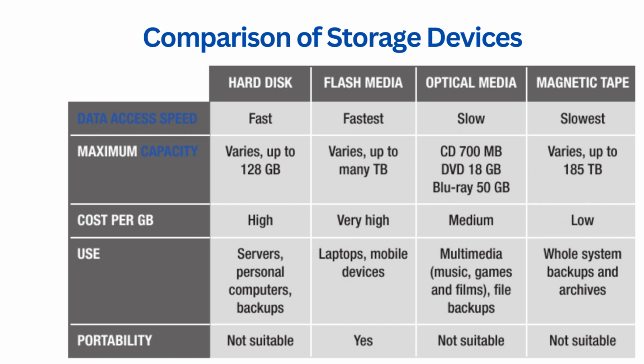Okay. Here's a comparison of storage device types which you can read yourself. For example, here we are comparing hard disk, flash media, optical media, and magnetic tape. As we know, flash media is the fastest when we are accessing the data, and magnetic tape is the slowest.